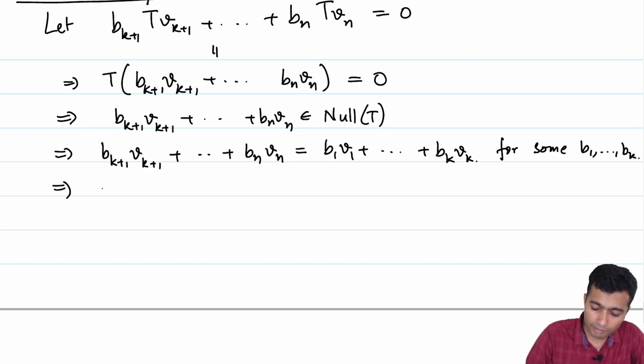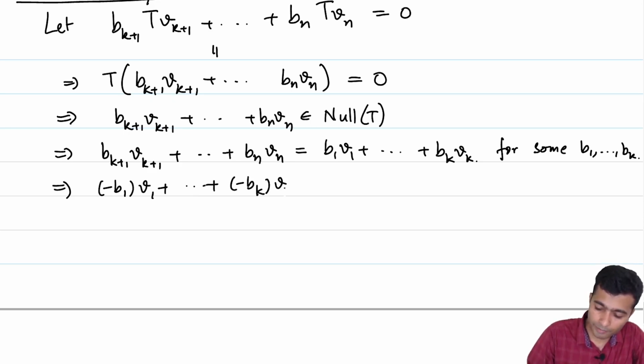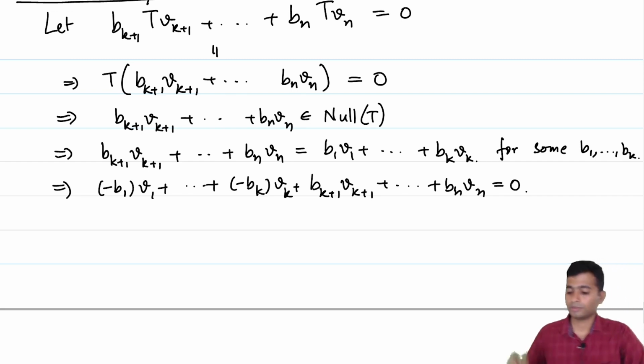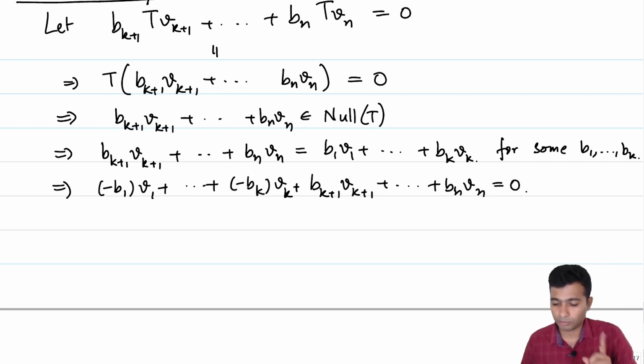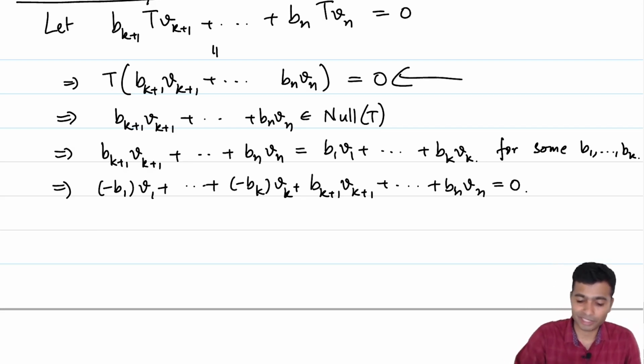Rewriting this, we have minus of b1 v1 plus minus of bk vk plus bk plus 1 vk plus 1 plus up to bn vn is equal to 0. So remember that the 0 here is the 0 vector in V. The 0 before was the 0 vector in W. I have stopped writing all the subscripts.